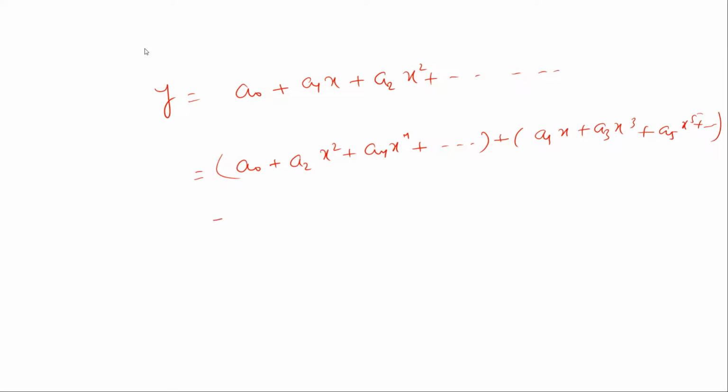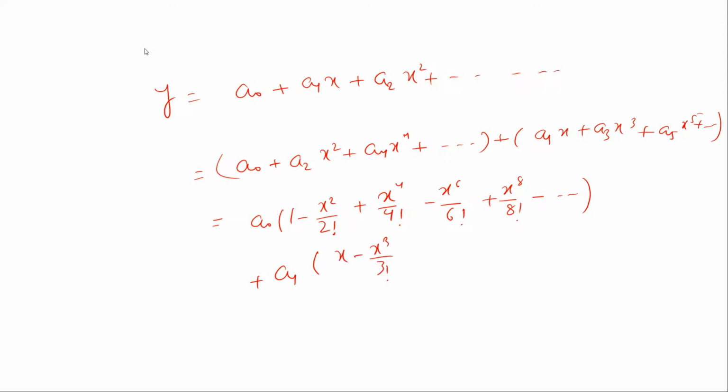So then it is a0 times (1 − x²/2! + x⁴/4! − x⁶/6! + x⁸/8! − and so on), plus a1 times (x − x³/3! + x⁵/5! − x⁷/7! + and so on).